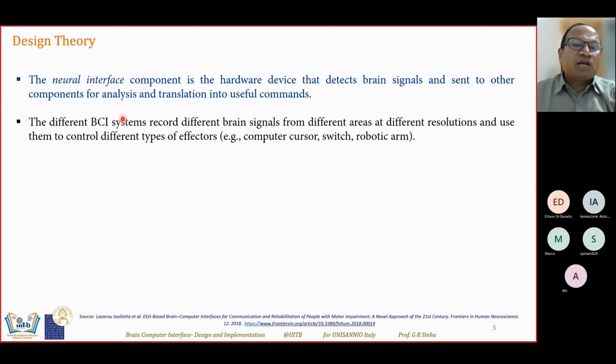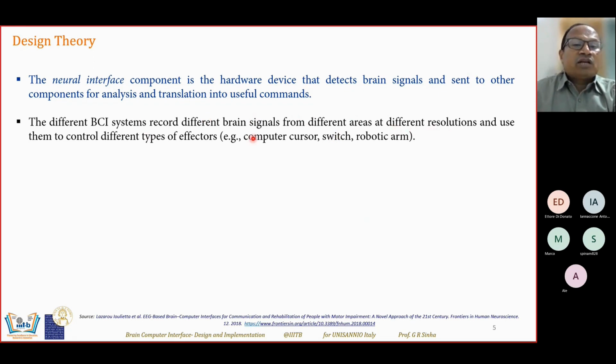Different BCI systems will record different types of brain signals from different areas. If you remember in one of our slides, we have seen that we can use a cap. In the cap, there will be a number of electrodes, but it is not necessary to capture the signals from all those electrodes. So we can use suitable electrodes from a particular area. So there are also different resolutions.